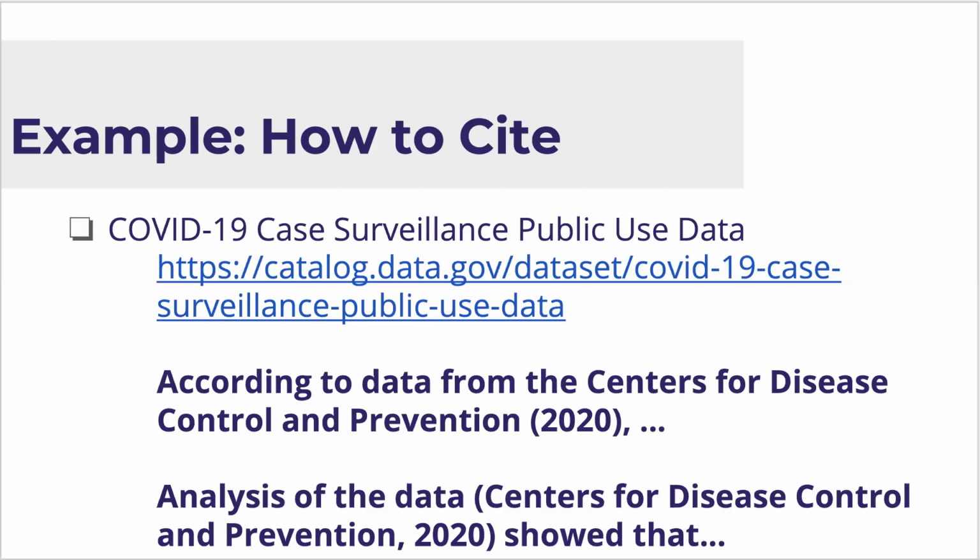Now, why would you have this citation be in the middle of the sentence for the second example? Well, that's because it's identifying specifically where the data came from, as opposed to the analysis of the data. So if you were getting the analysis secondhand, you would have your citation at the end of the sentence. But here it's specifically giving the source of the data being referred to here, which is why it's earlier in the sentence.